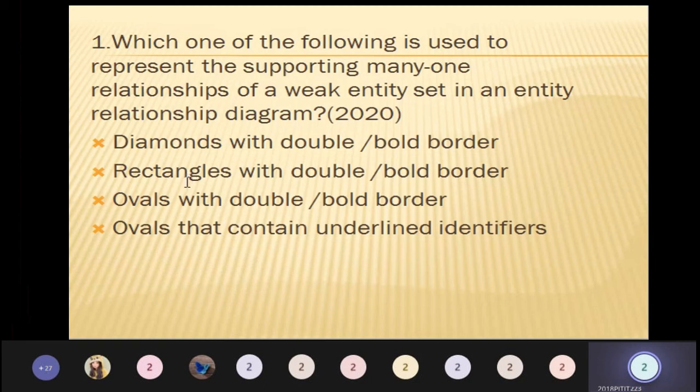A rectangle is an entity and an oval is an attribute. So a diamond indicates a relationship, a rectangle indicates an entity, and an oval indicates attributes. Please keep it in mind when you are drawing the ER diagram.